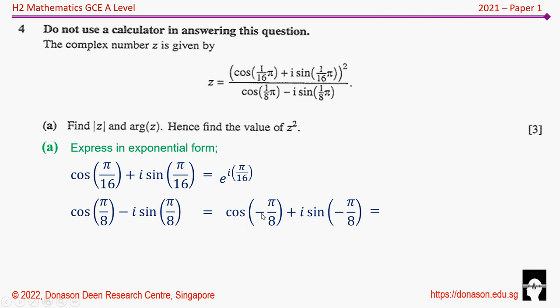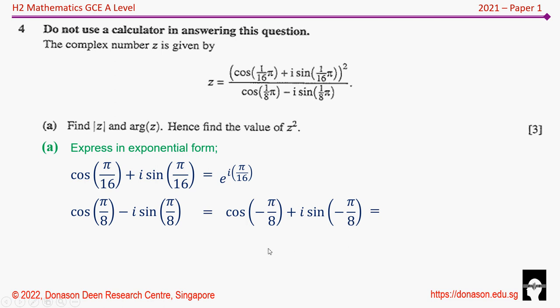Cosine of negative pi over 8 is a 4th quadrant angle, in which cosine is positive, so cosine pi over 8 is the same as cosine of negative pi over 8. And sine of negative pi over 8 is the same as minus sine pi over 8. So we could change the argument in terms of the negative angle.